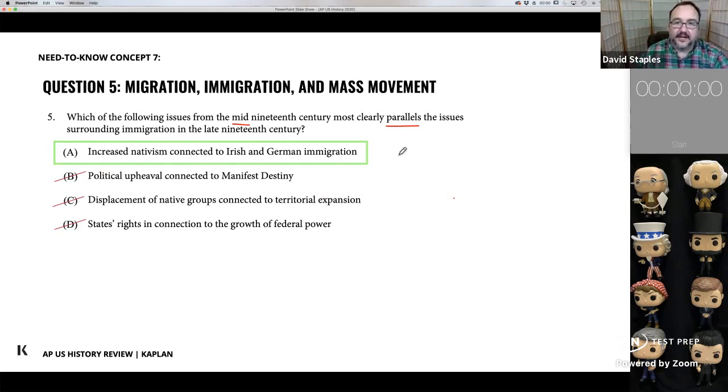Because they're going to have a different accent, the Irish had a different religion, things like that. But yes, that is going to be the parallel that we see later on with the groups coming in that second wave. Excellent work, guys.